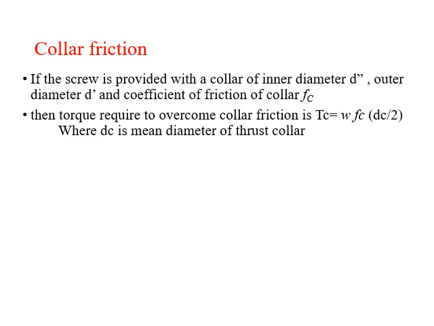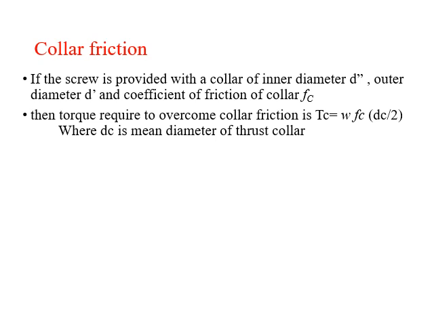Coming to the collar friction, if the screw is provided with a collar, then we refer to the inner diameter as d double dash and outer diameter as d single dash, with the coefficient of friction of the collar being Fc.